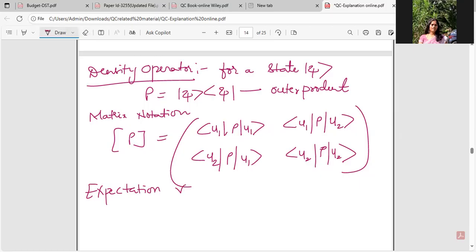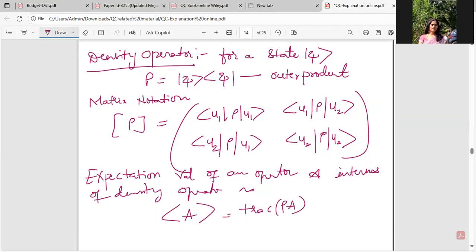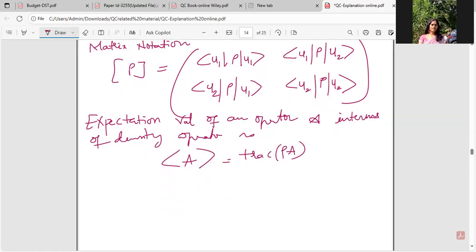The expectation value of an operator A in terms of the density operator is written like this: trace of rho A. That's how the expectation value is defined. Of course, probabilities I have already seen.